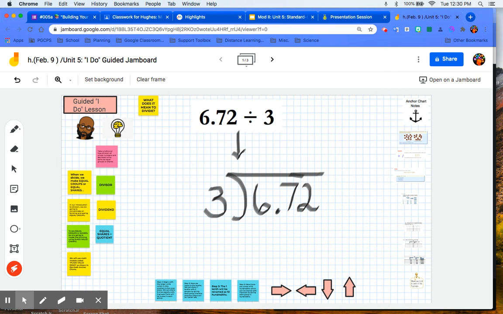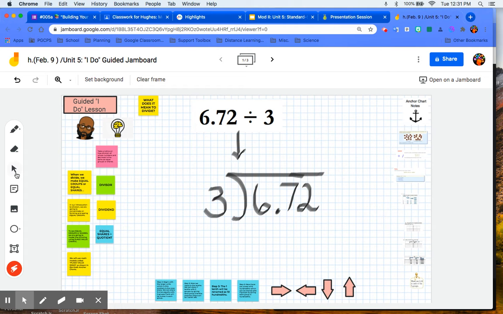It's no different whether you are dividing whole numbers, meaning without decimals, or with decimals, as you can see here. 6 and 72 hundredths divided by 3.